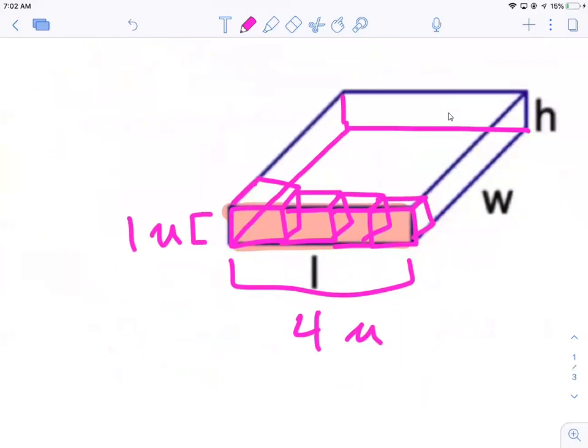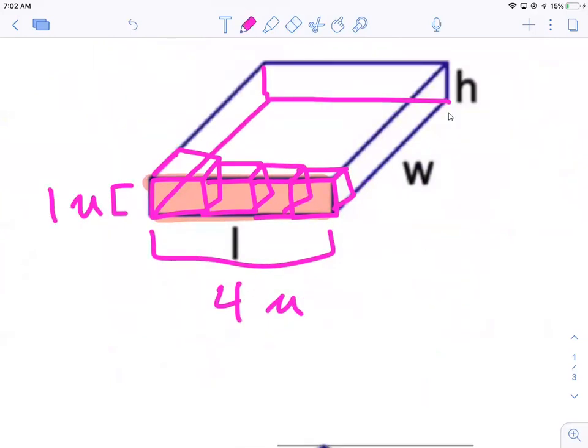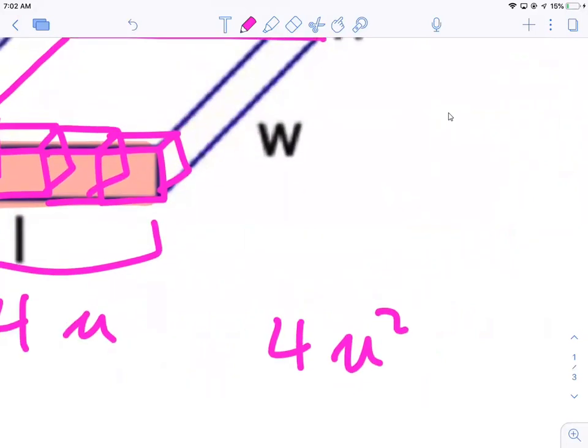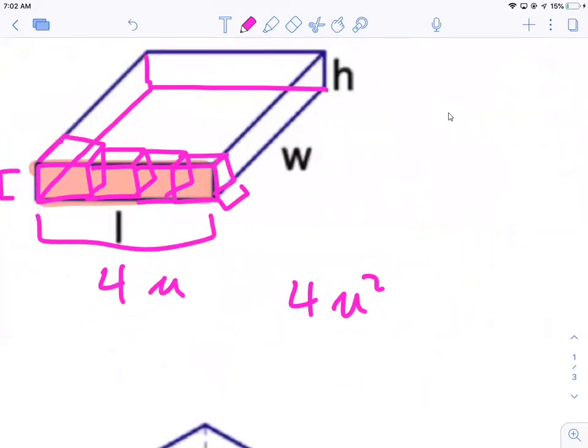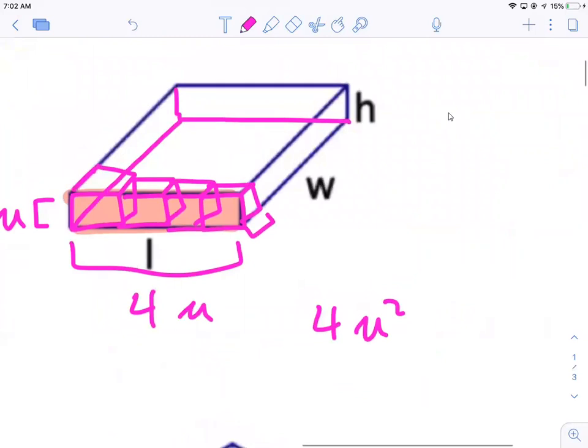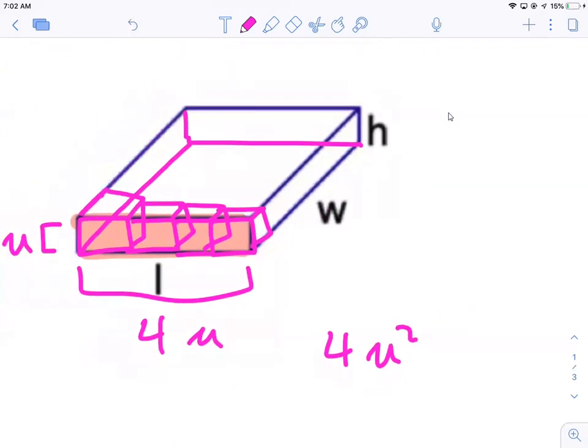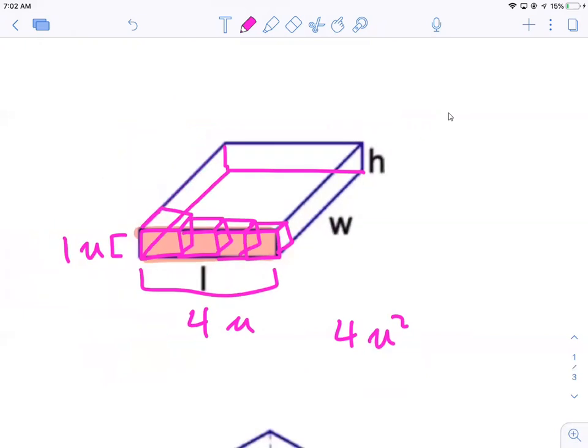So in the red, what I highlighted, that's 2D area. That's 4 units squared. So the area I have right now is 4 units squared. If I say that's 1 more unit, don't I have 4 cubes now, 4 cubic units? So how many cubic units I can fit all depends on that width. So it's really just length times width times height.